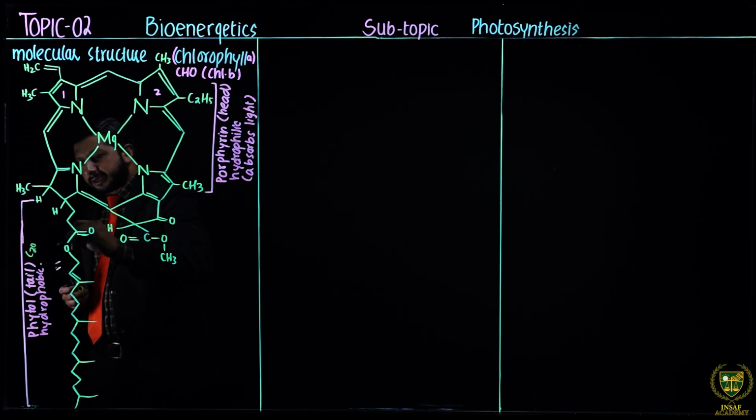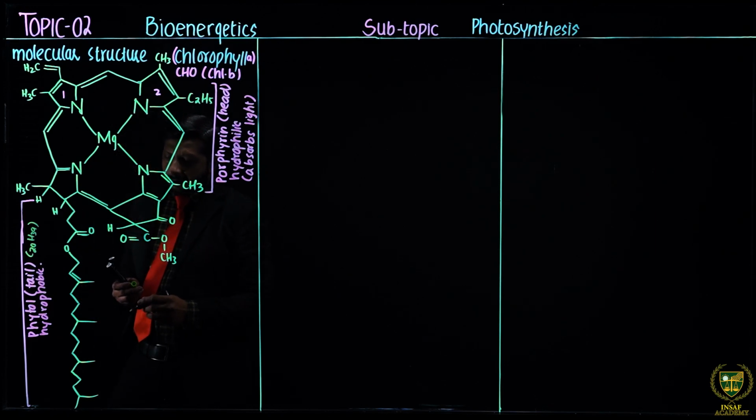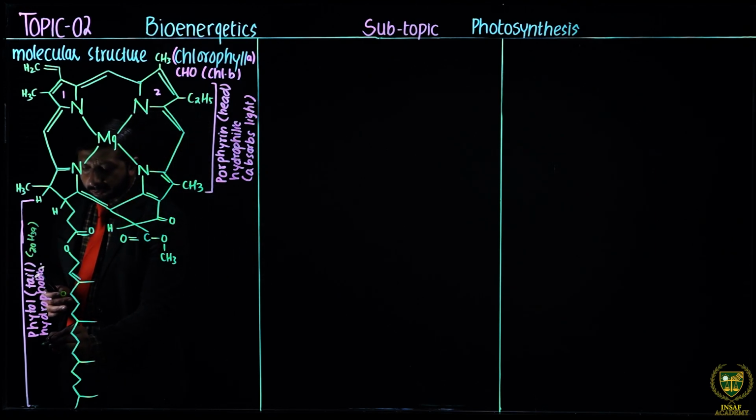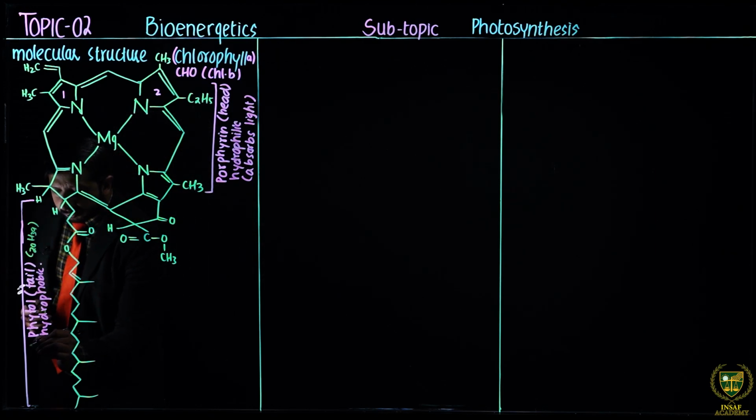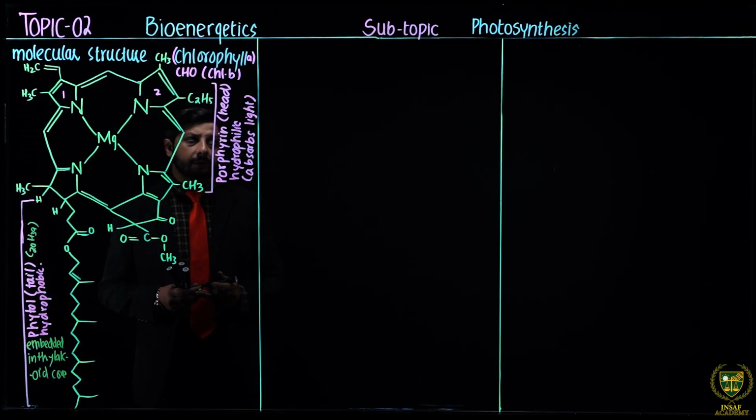So these are 20 carbons and 39 hydrogen. And what is the role? This phytol tail is embedded in the thylakoid core and it keeps anchoring the photosynthetic pigments.